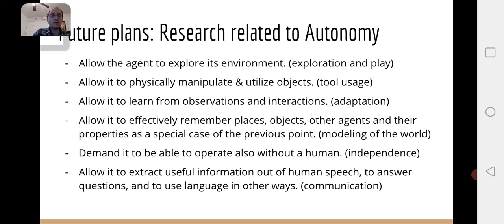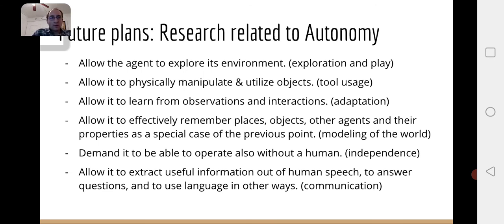So it's also learning from observation, which I'm after. Additionally, the system should be able to effectively model the world, which means to remember places effectively, objects, other agents, and their properties, so that it can effectively perform tasks in complex environments. And I will make sure that the system can do those things very well.